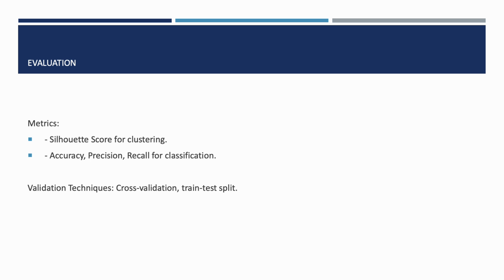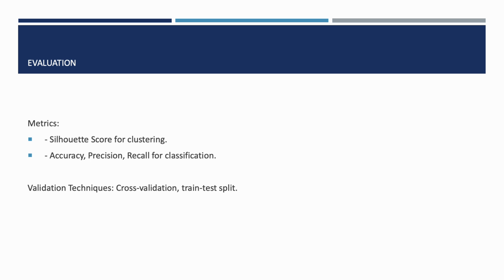This method evaluates how close each point in a cluster is to points in the neighboring cluster. So the score ranges from -1 to 1, where a higher score indicates that the clusters are well separated and distinct.